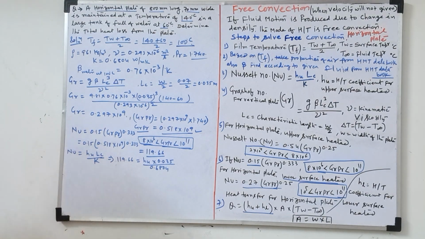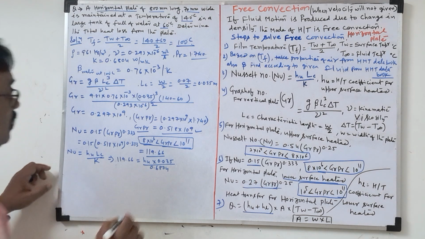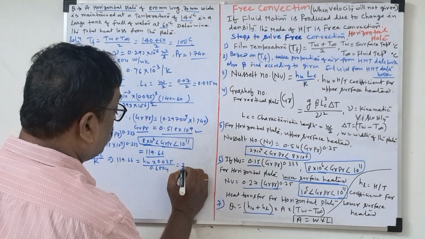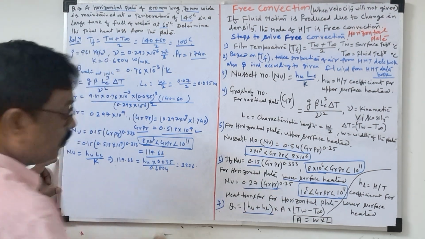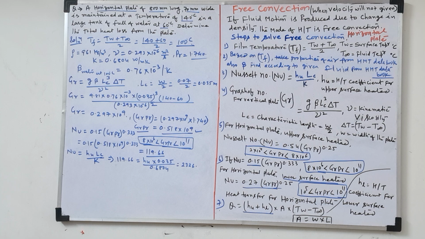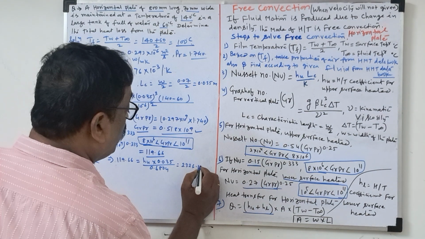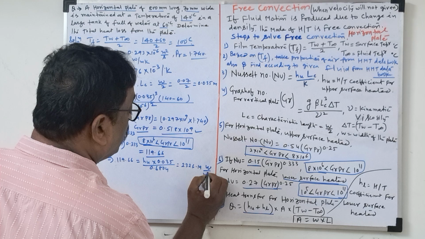So HU is coming 2326.19 watt per meter square Kelvin.